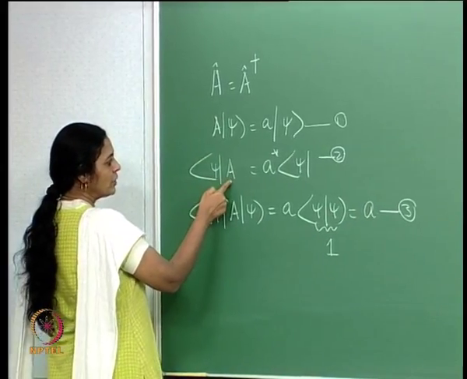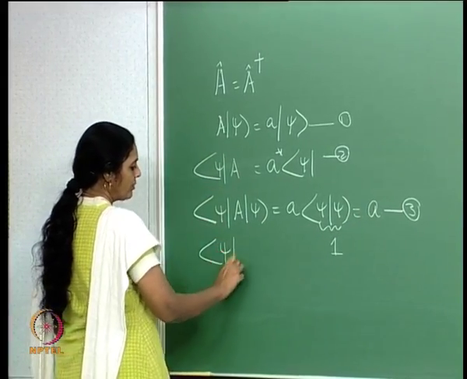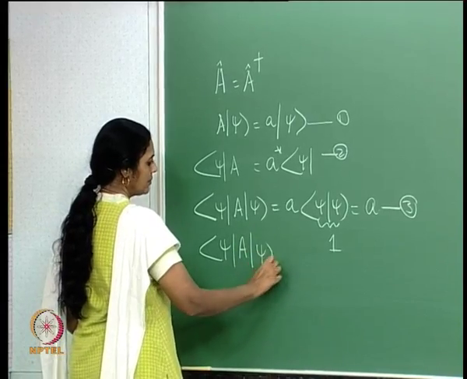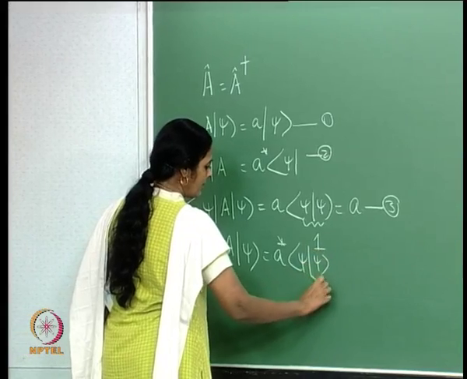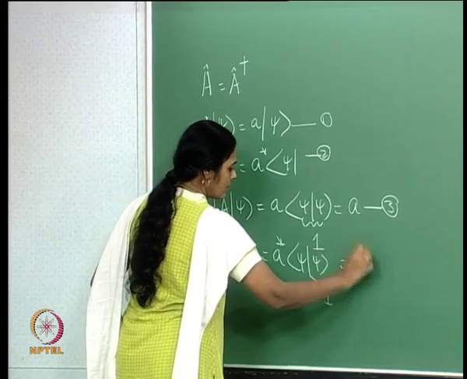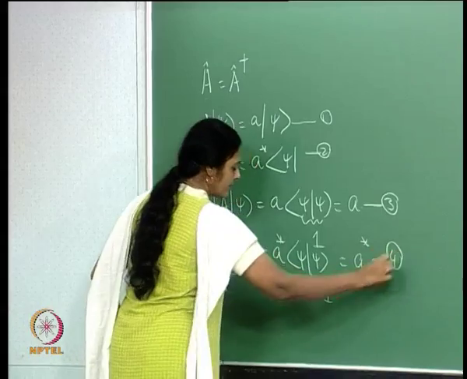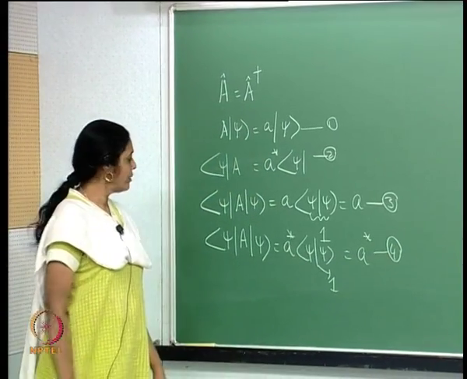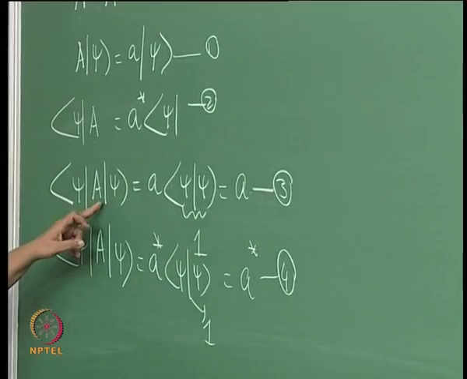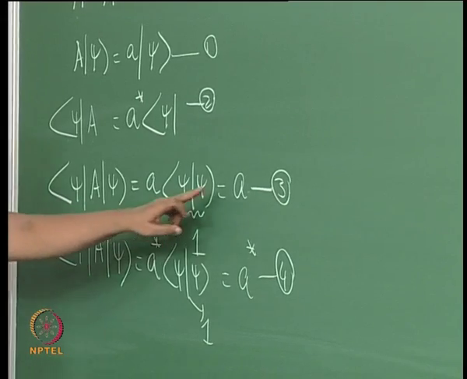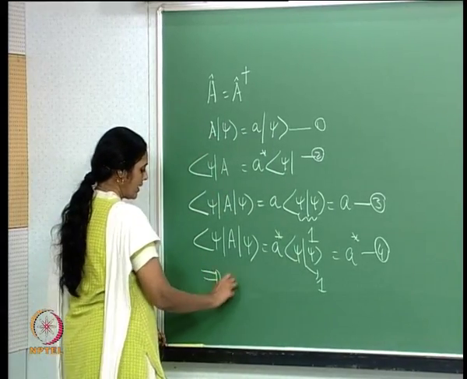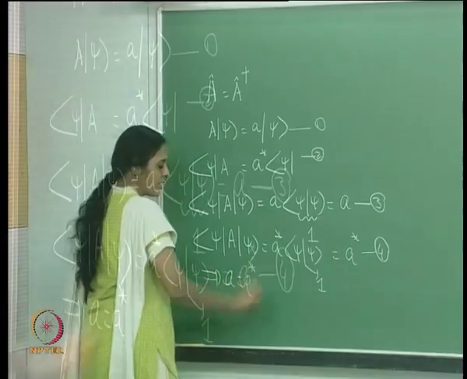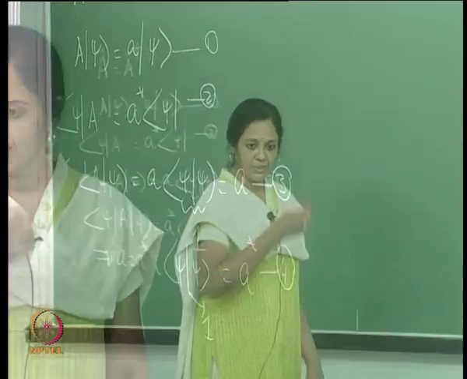But I could have started with equation 2 and I could have done this. That is the same as a star <psi|psi>, and this object is 1. From equations 3 and 4, it is clear that <psi|A|psi> is equal to a and also equal to a star, which implies that a is equal to a star. So, eigenvalues of Hermitian matrices are real.